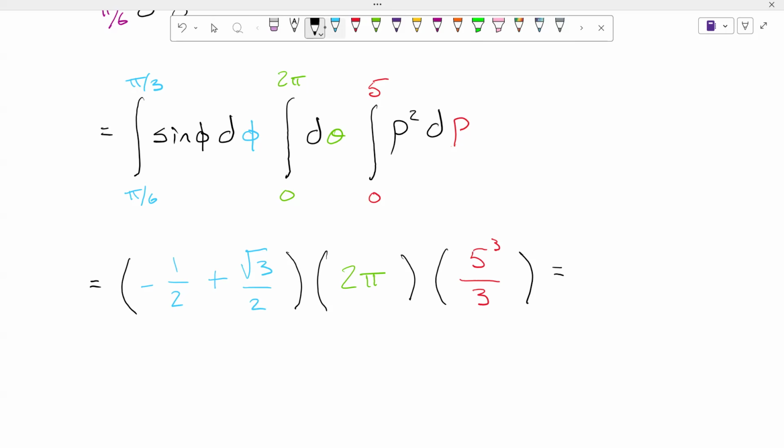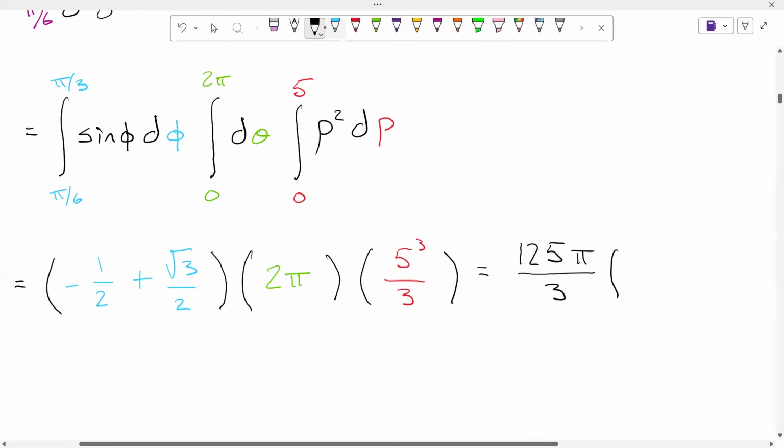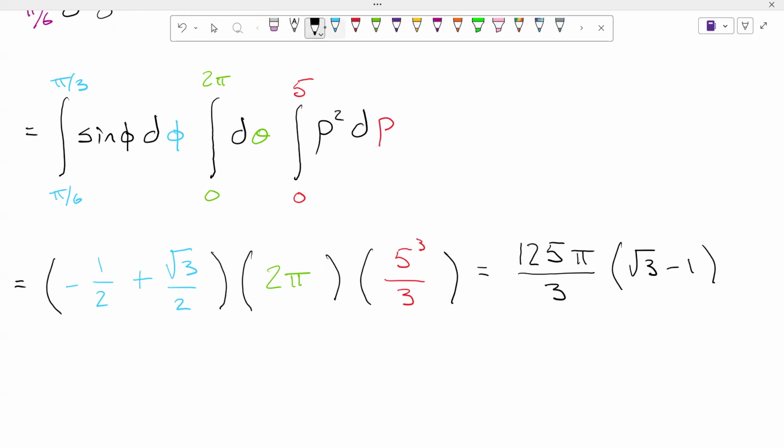Let's see. 5 cubed is 125 times pi over 3 multiplied by the rest of that stuff. The 2 and the over 2 simplify, so I can get rid of that part. Everything left over is just root 3 minus 1. So if you wanted to simplify, you can. That would be our simplified answer.